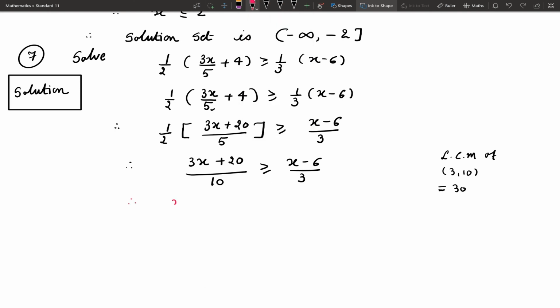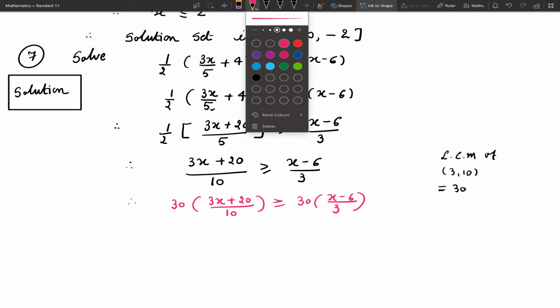Therefore 30 into 3x plus 20 upon 10, 30 into x minus 6 by 3. Multiplied both sides by 30. Now we simplify.